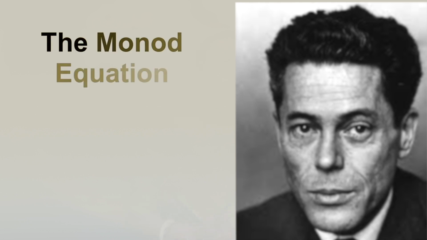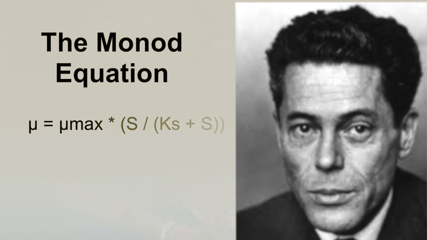The Monod equation is typically written as follows: mu is equal to mu max into S upon Ks plus S, where mu is the specific growth rate of the microorganism. Mu max is the maximum specific growth rate of the microorganism under optimal nutrient condition.